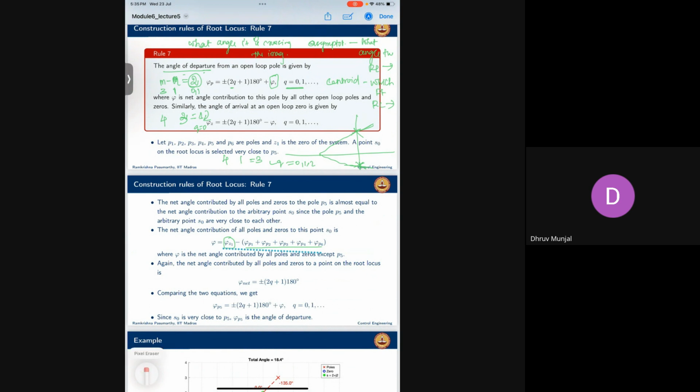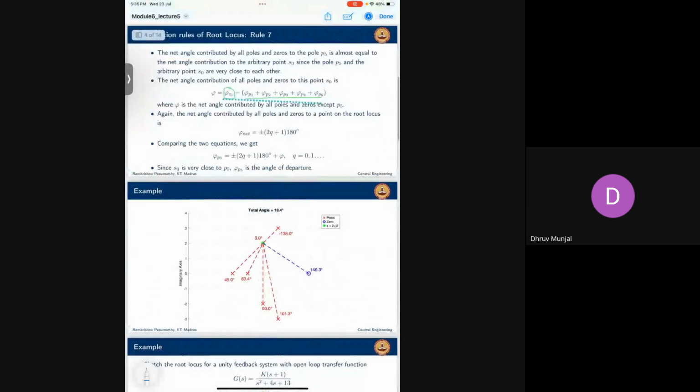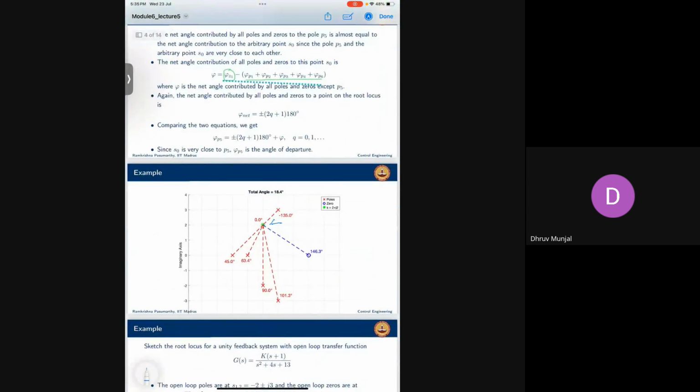For example, if you have a test point here, this is your test point. I will make it a little simple so that it is easy to explain. Now I have 2 conjugate pole pairs and 1 pole and 1 zero here, for example. So I am going to take a test point here, S0.